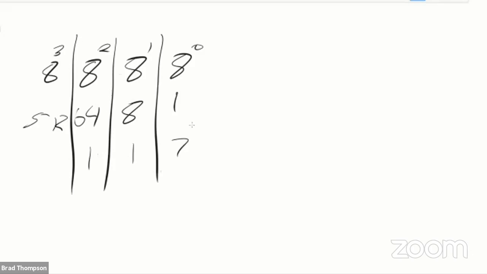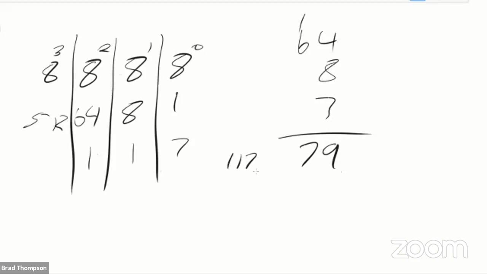That means we have 7 ones, 1 eight, 1 sixty-four. So if we add those together, we get seventy-nine in regular people counting.